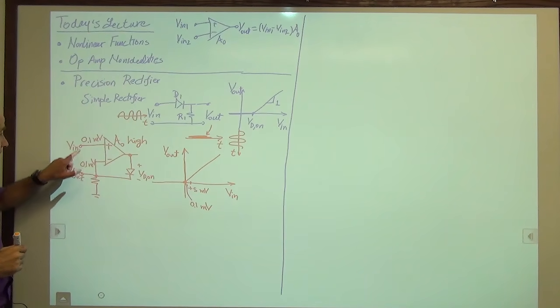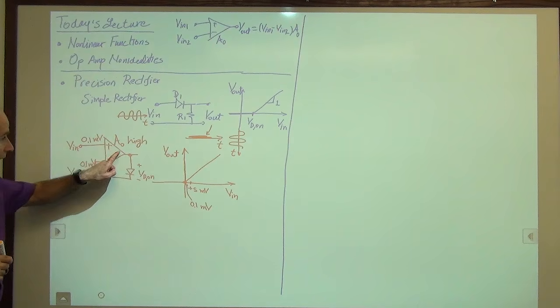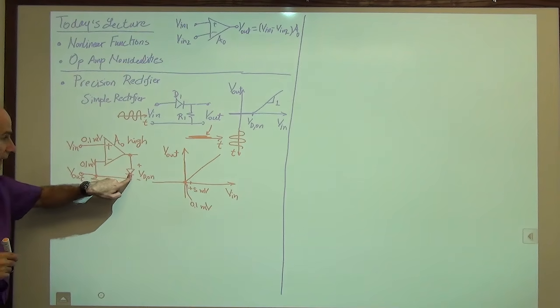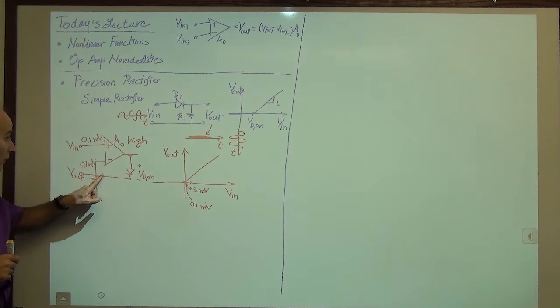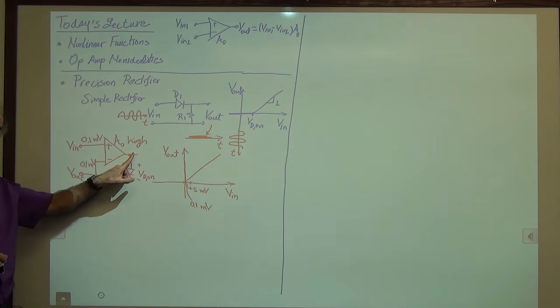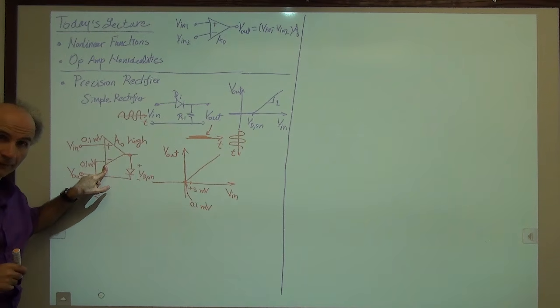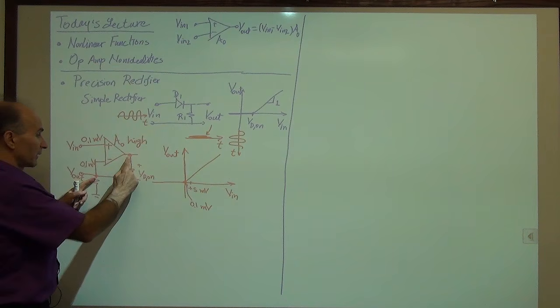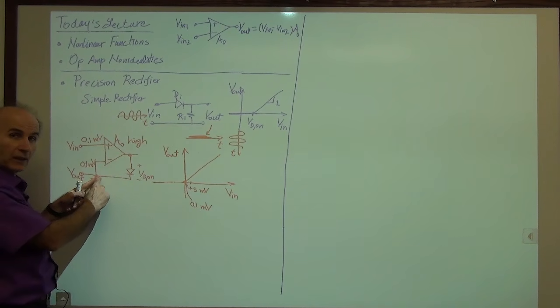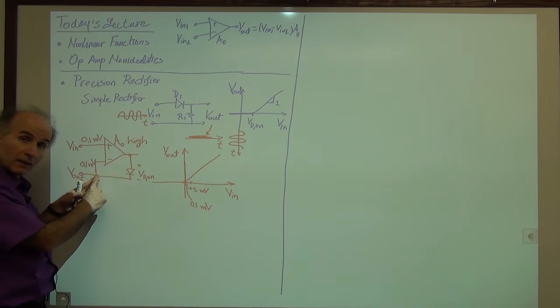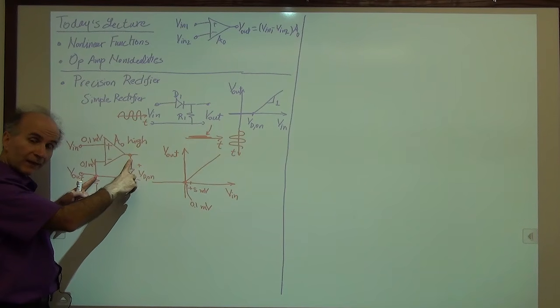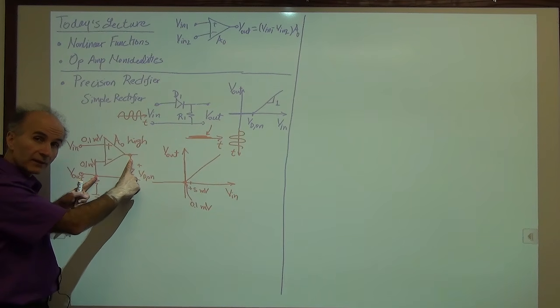V out follows V in because this op amp guarantees that the diode has turned on, and the op amp wants to pull this node with it. So this is similar to a unity gain buffer, except that from here to here we don't have a short circuit, we have a level shift of 800 millivolts. In other words, these two are not the same. They differ by 800 millivolts, but that 800 millivolts is relatively constant.